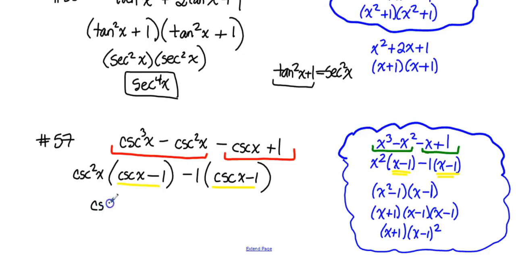Factoring out that common group, I have cosecant squared of x minus 1. Don't leave the x behind. And don't spell cosecant wrong, like me. Cosecant squared minus 1, and then cosecant of x minus 1.